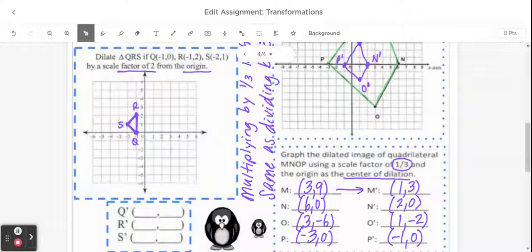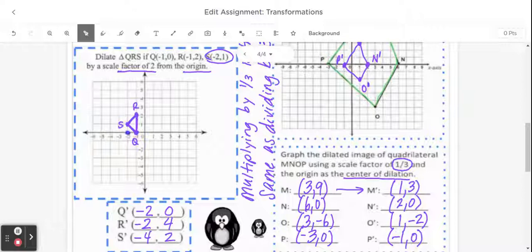Okay, so let's just multiply each of these numbers by 2. Negative 1, 0 times 2 is negative 2, 0. Negative 1, 2 times 2 is negative 2, 4. Negative 2, 1 times 2 is negative 4, 2.